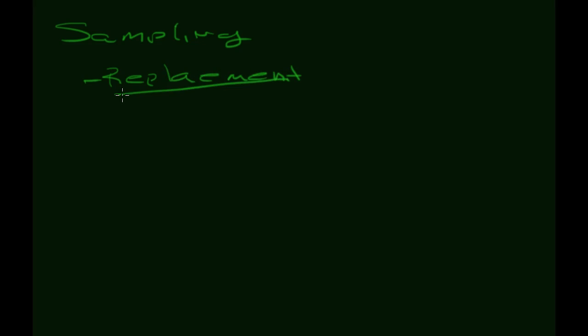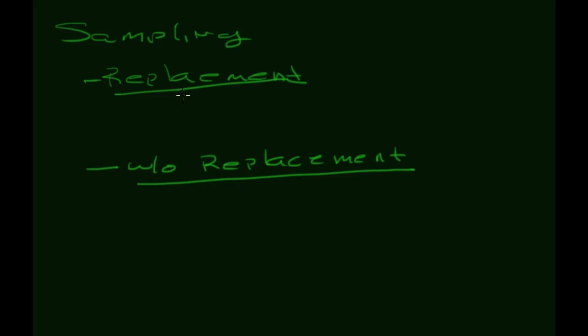Okay, so sampling is related to independence. You can either have sampling with replacement, where something can be drawn more than once in the sample, or you have sampling without replacement. If you think about it, sampling with replacement is like rolling dice.